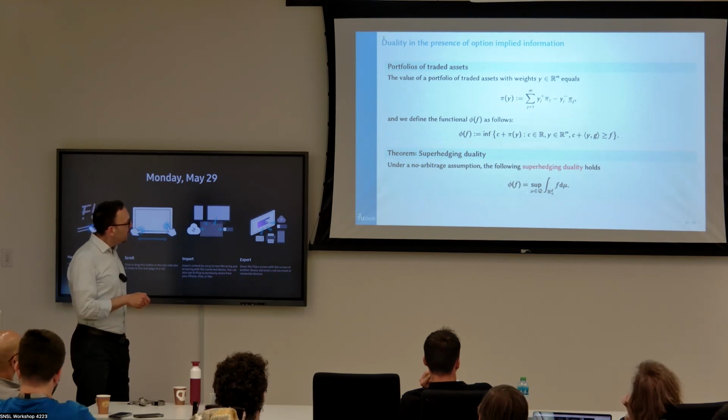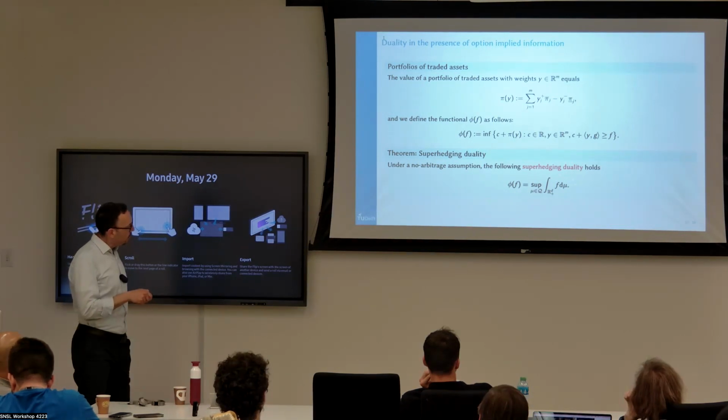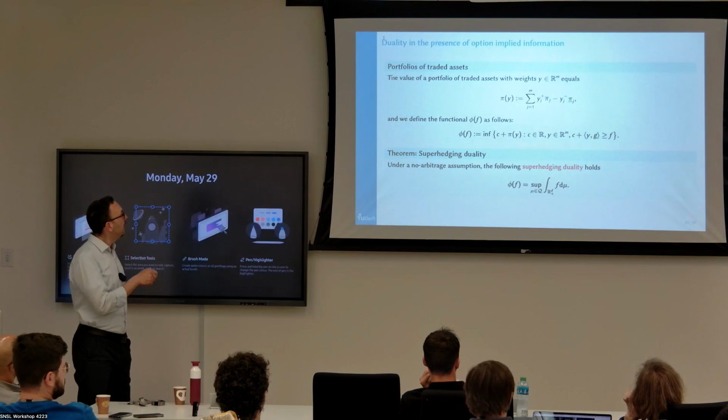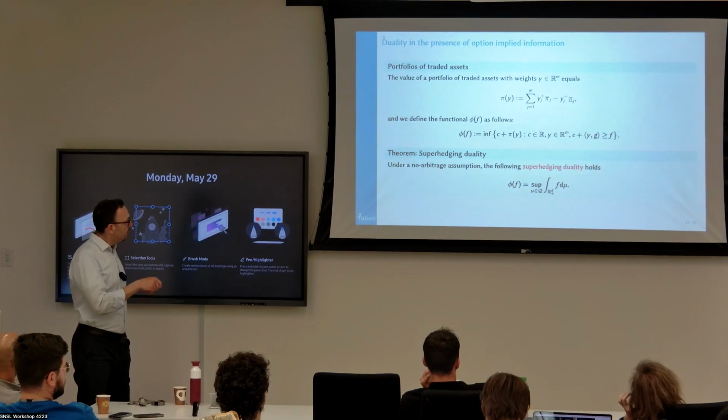Well, and I'm interested again in some sort of super hedging duality. I'm interested in the upper and lower bounds of this integral here. The integral is going to give me the price of some payoff F. And okay, the super hedging duality works as before.